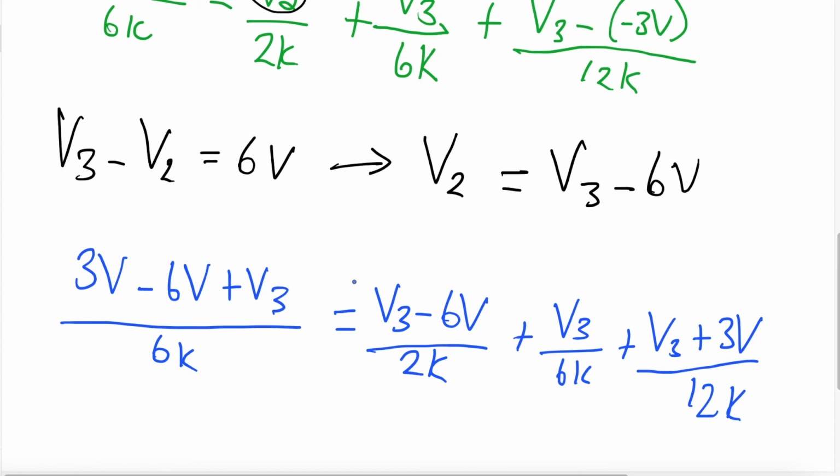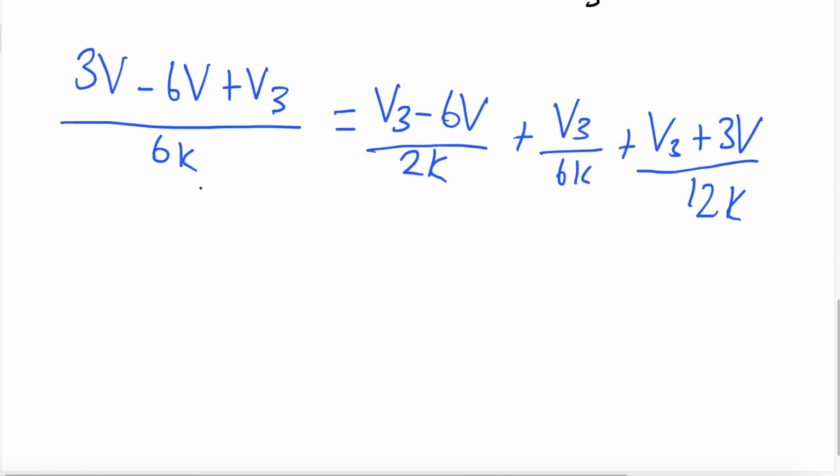Essentially, with this equation, what we have to do is use algebraic formulas to solve for what V3 is equal to. So let's go ahead and do that. If we just use simple fraction rules, let's divide this up. What's 3 volts minus 6 volts? We get negative 3 volts over 6K plus V3 over 6K.